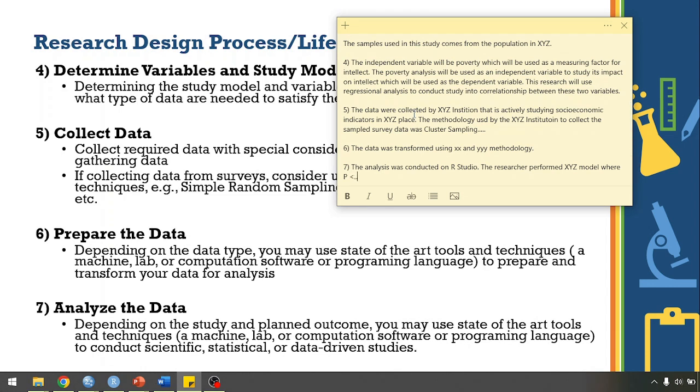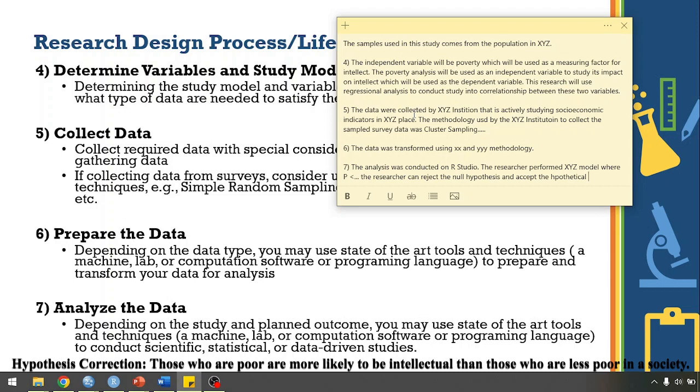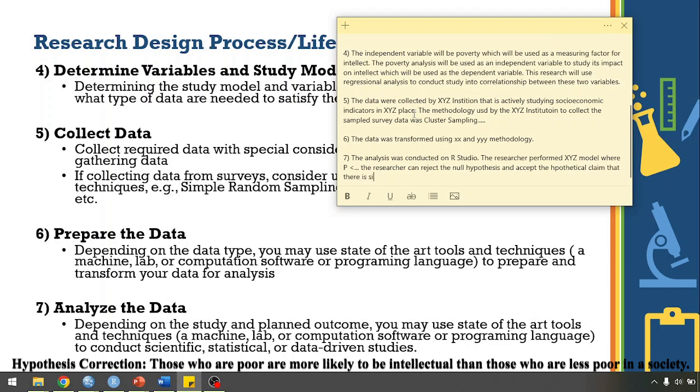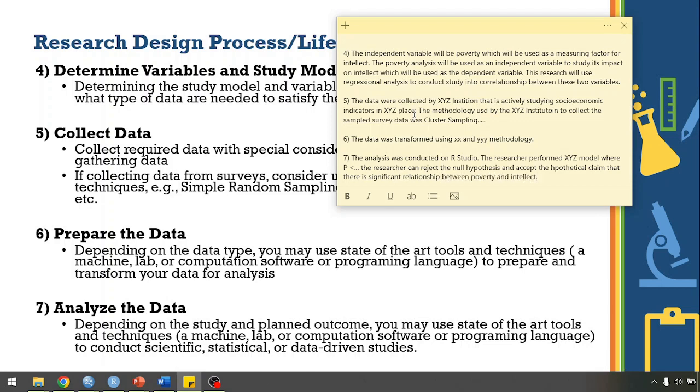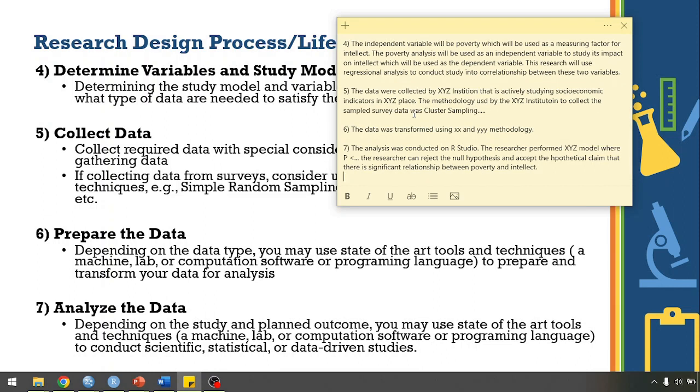At some point you have to explain that the researcher failed to reject the null, or can reject the null hypothesis and accept the hypothetical claim that there is a significant relationship between poverty and intellect.